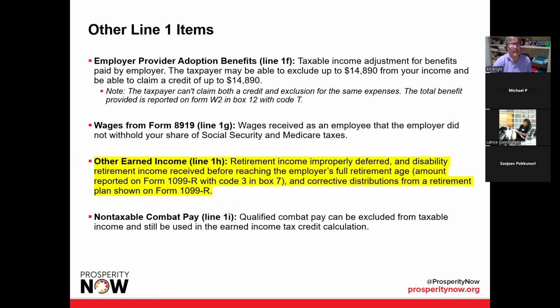Again, a couple other line one items, other earned income, which we'll go through here. We don't really see too much. The one that is, and actually this is on the advanced test, people who are getting a pension or retirement income that's kind of considered disability, but they're below the full retirement age, that can be considered as wages, which will, again, still be taxed like it would be for a W-2, but it will allow them to qualify possibly for some earned income credit.